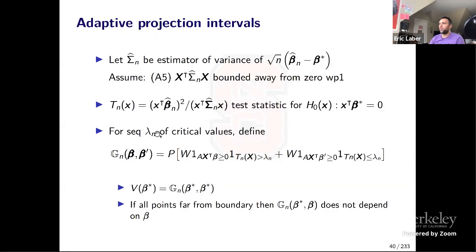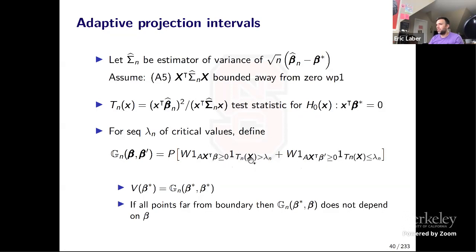And we take a sequence of critical values, say lambda n, and I'm going to define this quantity bold Gn of beta prime to be P of W indicator A X transpose beta greater than 0 when the test statistic is large. So the first argument is going in here when the test statistic is large, and the second argument is going in here. It's the same quantity, except the test statistic is small.